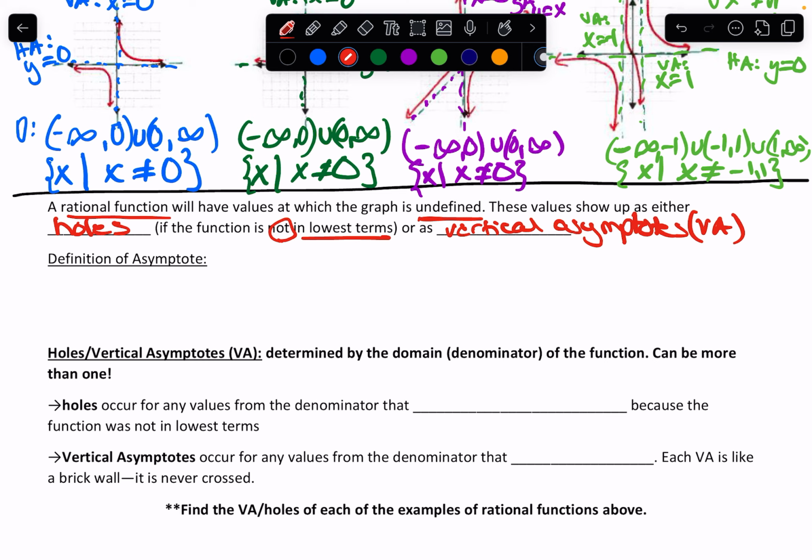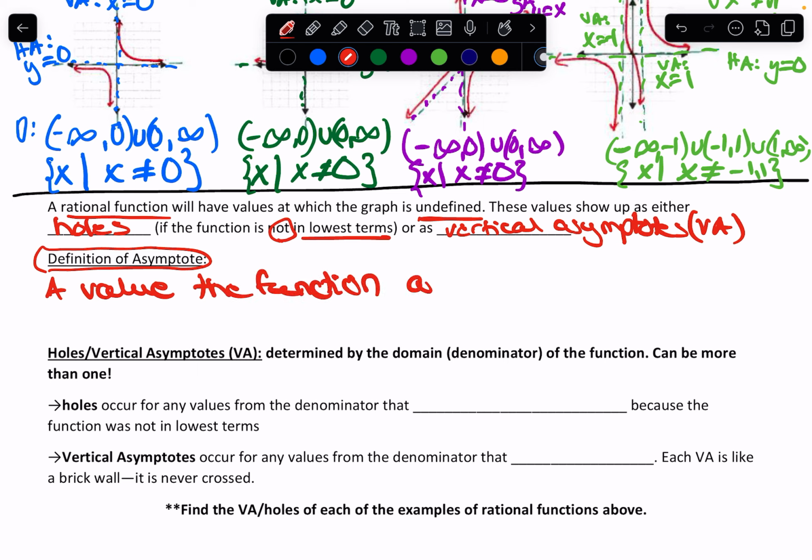Okay, so let's look at the definition of an asymptote. That is a value the function approaches but never gets to.